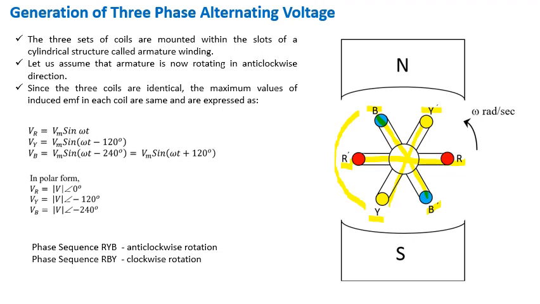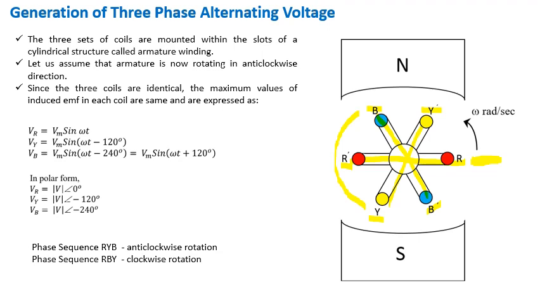Assuming that the coil is rotating in anti-clockwise direction, the waveform will start from the R phase, because you must remember that when we studied single-phase generation, the coil sides were kept perpendicular to the magnetic field.